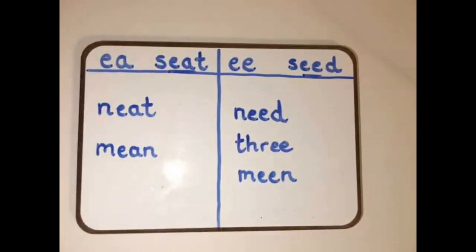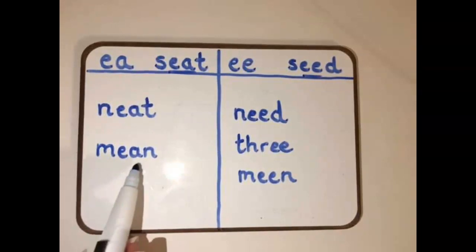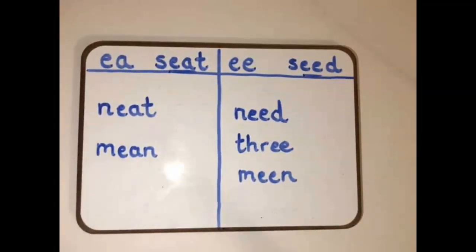Mean. Okay. So, which one looks more familiar to you? The correct spelling is EA. So we'll take off the EE. Okay, so this is the correct placement for each of the words that we have talked about. If you need to pause the video and write them in for practice and to help you memorize them, you can. Please pause the video now and do that. Otherwise, you can erase.